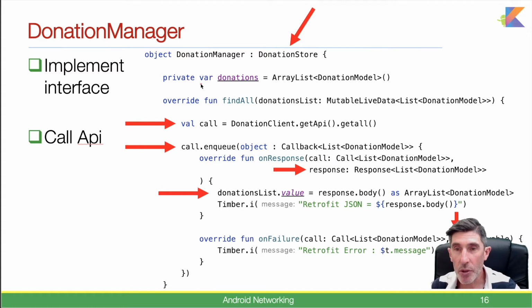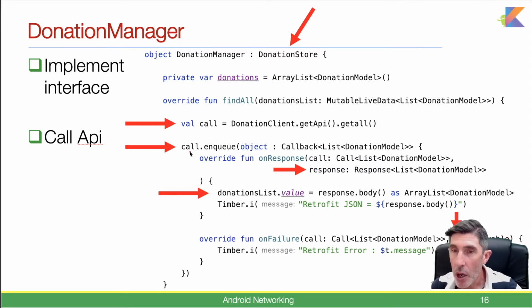So we need to separate out where we're getting the data so that we can pass it off to some kind of view model. Here we say call.enqueue. We're passing in an anonymous callback object. So this callback gives us this onResponse and onFailure implementation. This is expecting, and will get back if it's successful, a donation model list. If not, it will get back a throwable, and that will give us an error.